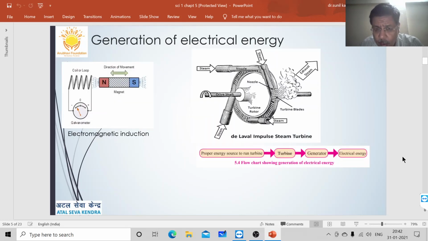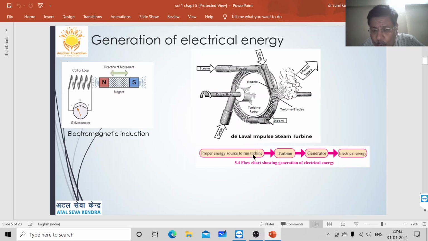Okay, the most important thing which we should know is that whenever we have to generate electricity, it is done with the help of a generator. So any proper energy source will run a turbine. You can understand, suppose this is a steam turbine. In the steam turbine, steam is used to move that turbine. A turbine is a wheel-like thing. What principle are we using?